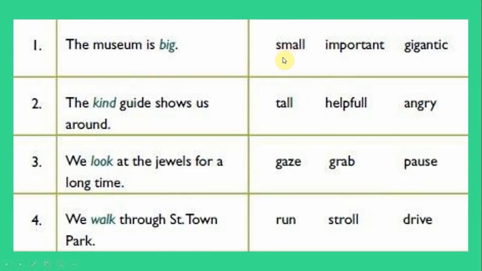What word can replace big? Is it small? Is it important? Or is it gigantic? Number 2, the kind guide shows us around. So what word can replace kind? Is it tall? Is it helpful? Or is it angry?